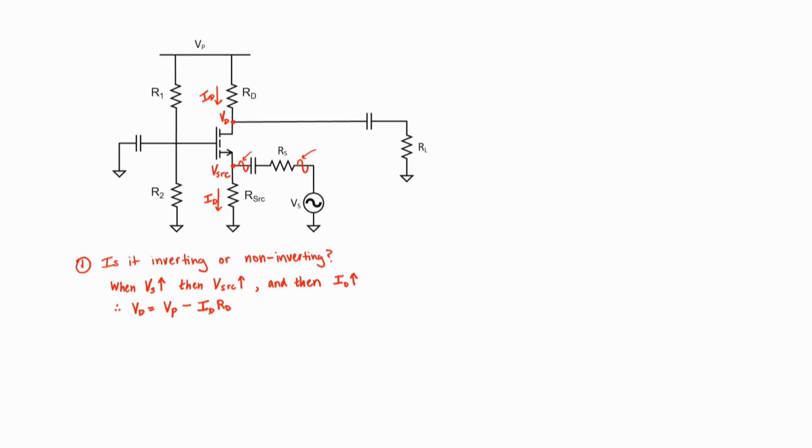If the drain current goes up, then because of this negative sign, the drain voltage should go down. If I label our load voltage over here, I can see that the load voltage is just the AC component of our drain voltage. If the drain voltage goes down, then the load voltage should decrease as well.